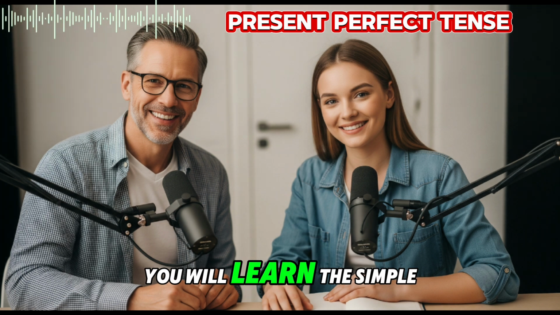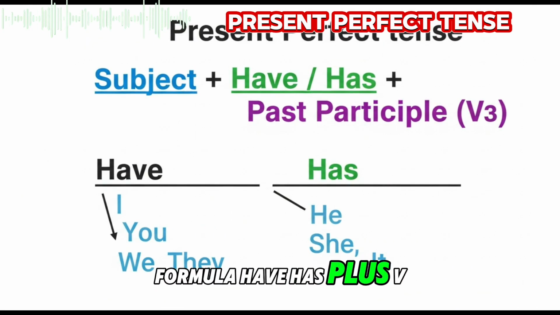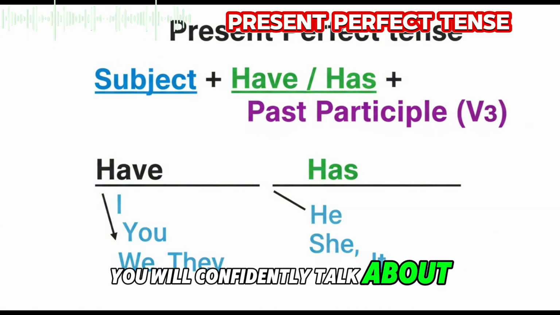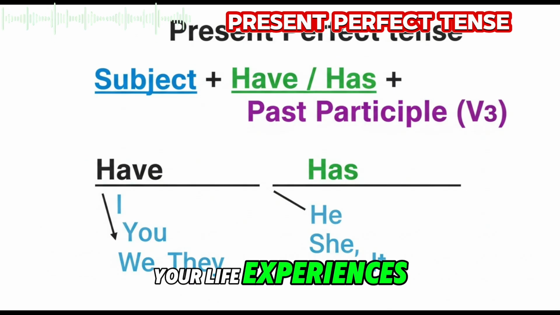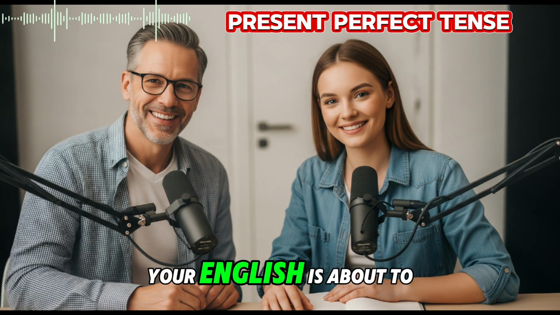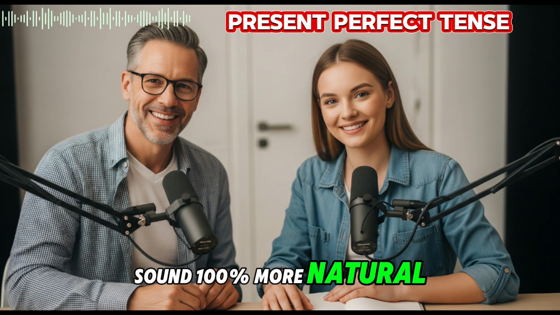You will learn the simple formula: have, has, plus V3. By the end of this lesson, you will confidently talk about your life experiences and all the things you finished just now. Get ready, your English is about to sound 100% more natural.